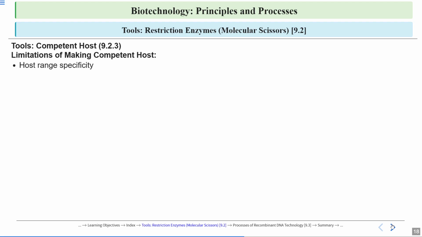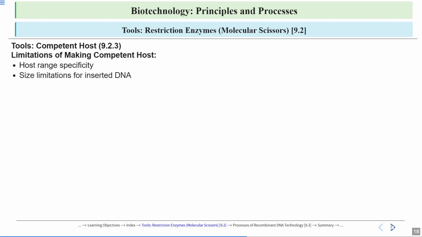For every vector, as I have told you in the last two classes, we discussed how foreign DNA goes into the vector, how it makes recombinant DNA, and then it goes into the host. Every vector can be specific to its host. Like E. coli is the host. It's not like a vector which is working for E. coli is going to work for yeast also. So its specificity is very low.